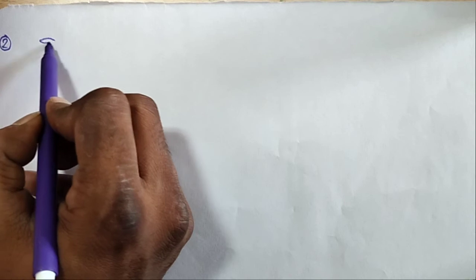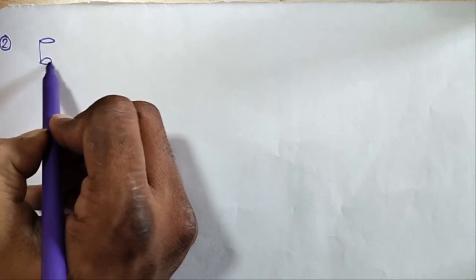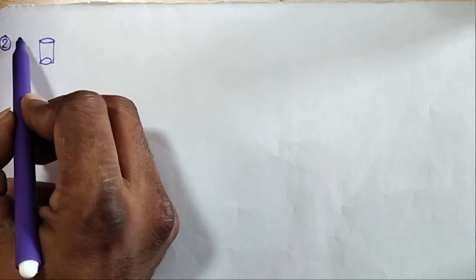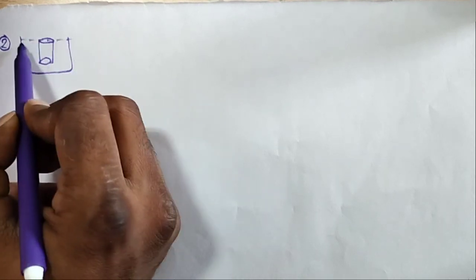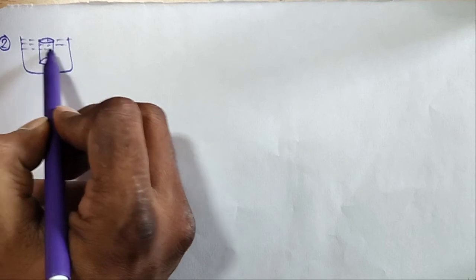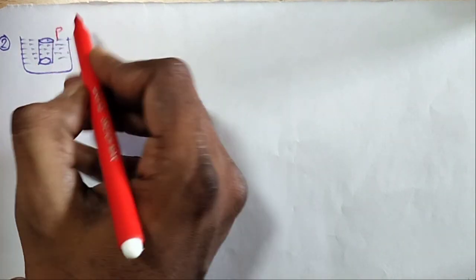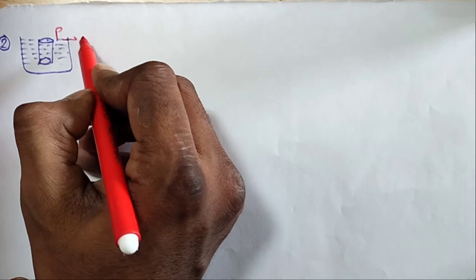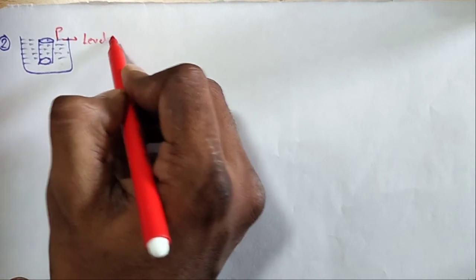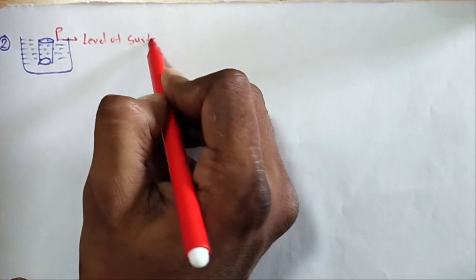Second point, suppose this point P is on the level of the surface, not at a particular depth. So the level of the surface is like this, and here I am taking this point P, at the top of the surface.